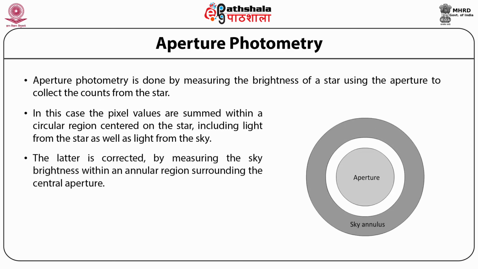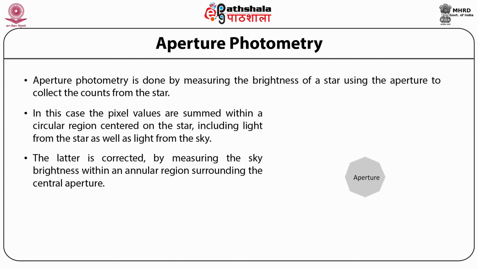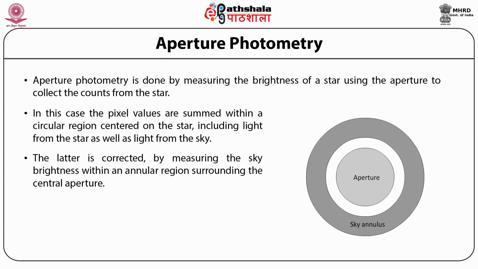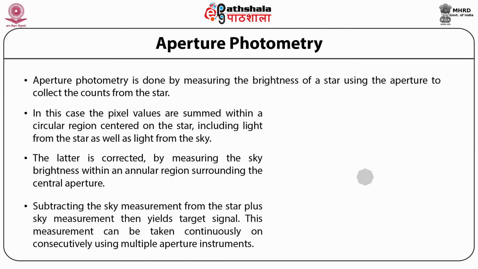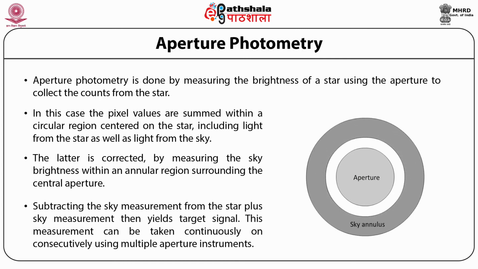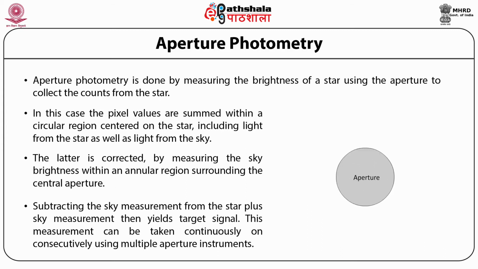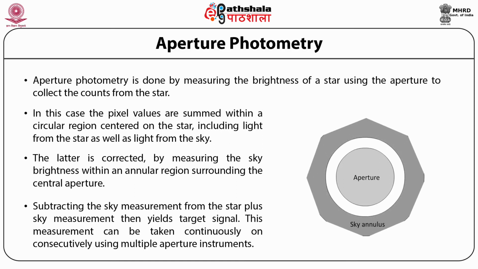The latter is corrected by measuring the sky's brightness within an annular region surrounding the central aperture. Therefore, subtracting the sky measurement from the star plus sky measurement yields the target signal. This can be taken consecutively using multiple aperture instruments.